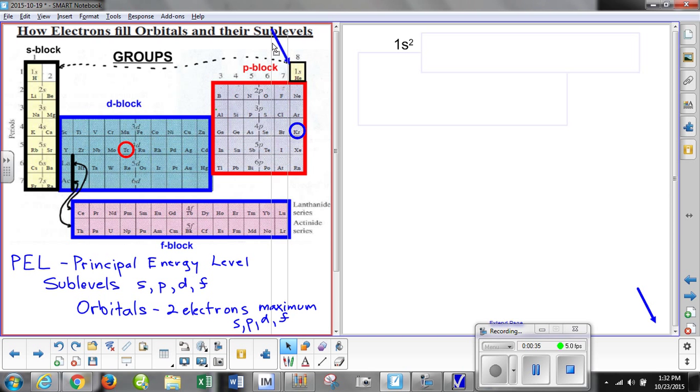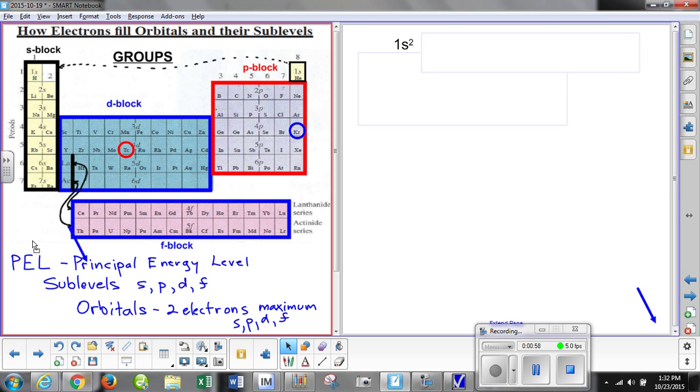We want to be sure that we tie together helium and hydrogen. Helium really should be thought of, when we're doing electron configurations, as being in the S block.